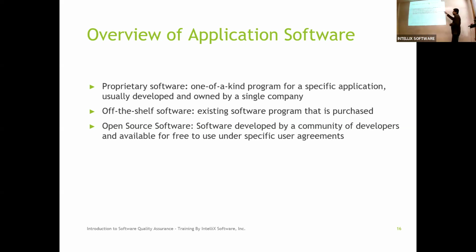The second category is off-the-shelf software. Take an example: if you buy some video game and install it on your machine to run, whether it's a MacBook or Windows machine. Another example is if you buy Office 365.